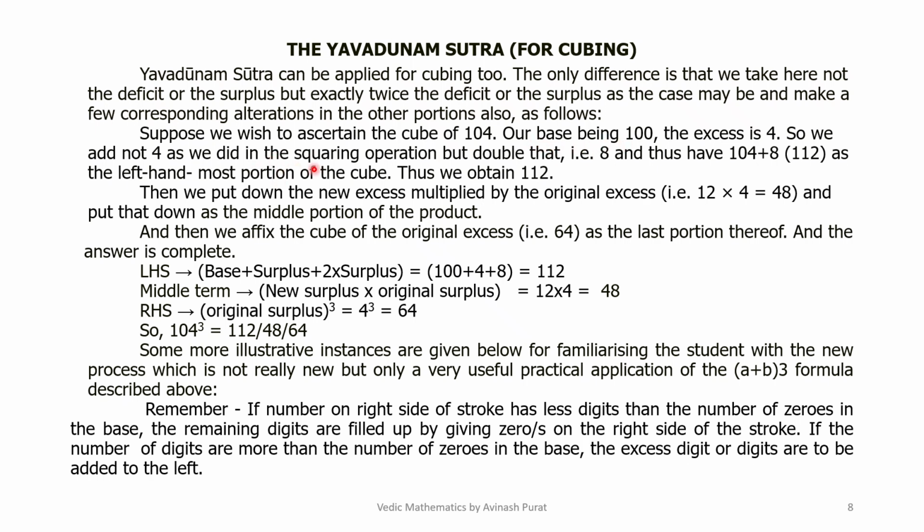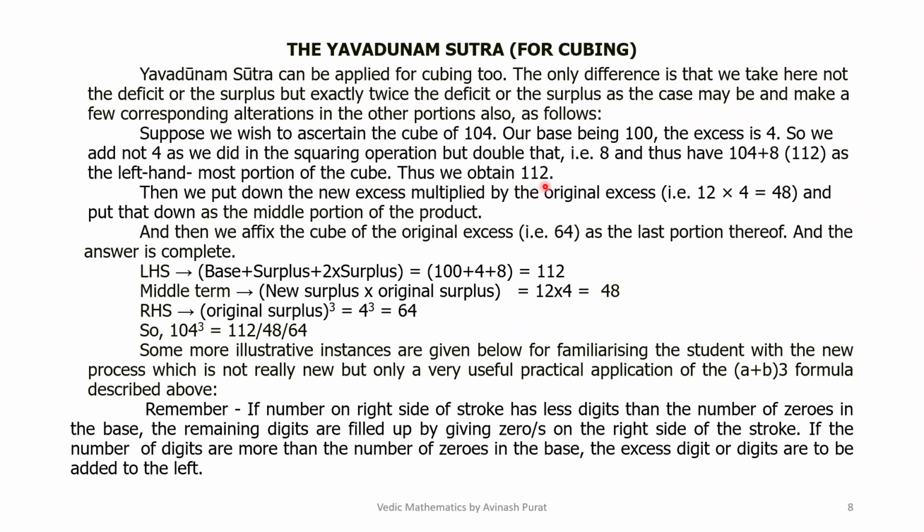Suppose we wish to ascertain the cube of 104. Our base being 100, the excess is 4. So we add not 4 as we did in the squaring operation, but double that, that is 8, and thus have 104 plus 8 equal to 112 as the left-hand-most portion of the cube.